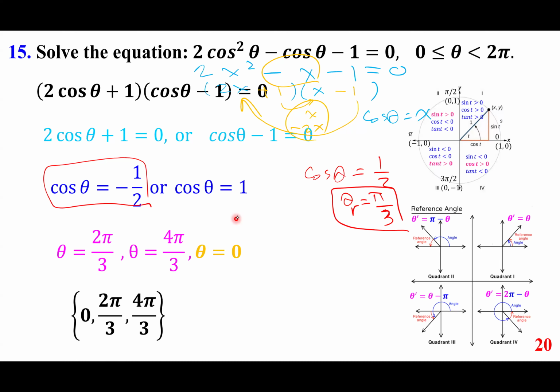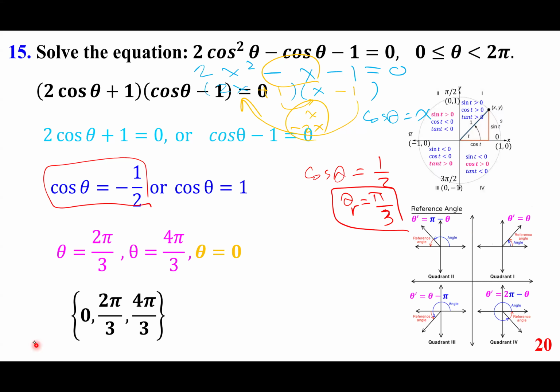I hope everybody's okay with that. A quick recap for this question. When you have a negative, go with the positive to figure out the reference arc. And then figure out in which quadrants the trigonometric function, in this case cosine, is negative, which is the second and the third quadrant. So in this case, theta prime is pi minus theta, which makes theta equal pi minus theta prime.